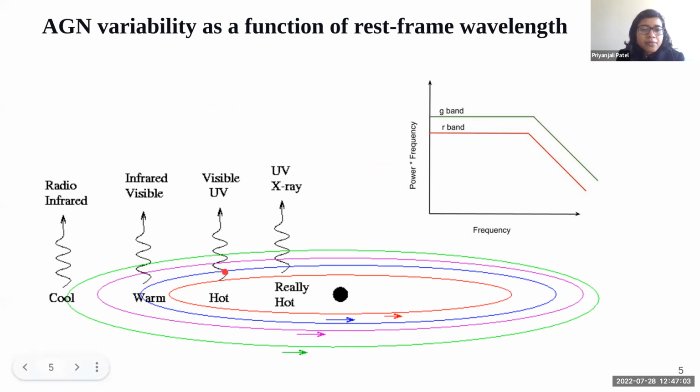So when the matter comes closer to the black hole, we get a higher amount of luminosity closer to the black hole. Also, if we plot a power spectral density for the G band and for the R band, we expect a higher normalization for the G band.